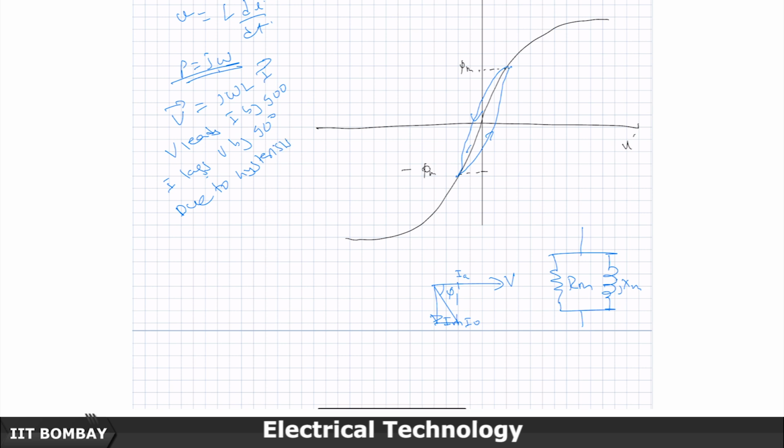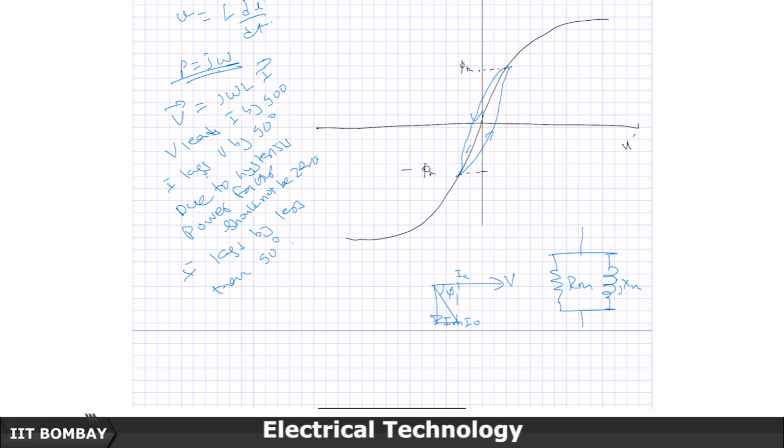Due to hysteresis the power factor should not be 0, and so I should lag by less than 90 degrees, maybe 78 degrees or something like that.